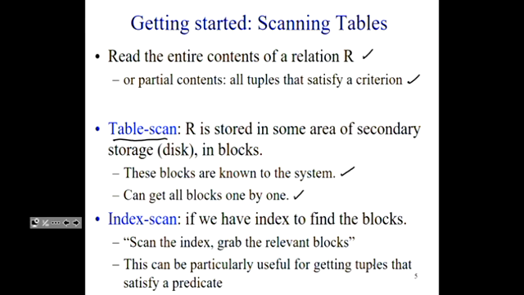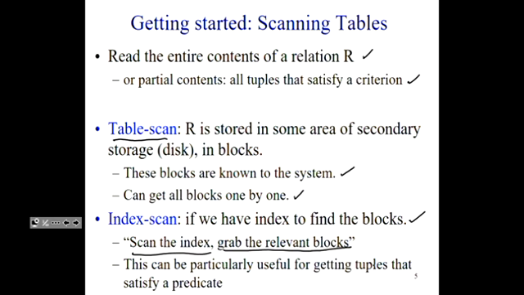The second approach is using an index. We saw multiple examples of indices earlier today and in the previous lecture. An index will allow you to get the blocks or the tuples of a relation in a certain order. If you have an index to find the blocks, you can scan the index and grab the relevant blocks. This is especially useful if you want to subselect a set of blocks that satisfy certain conditions.